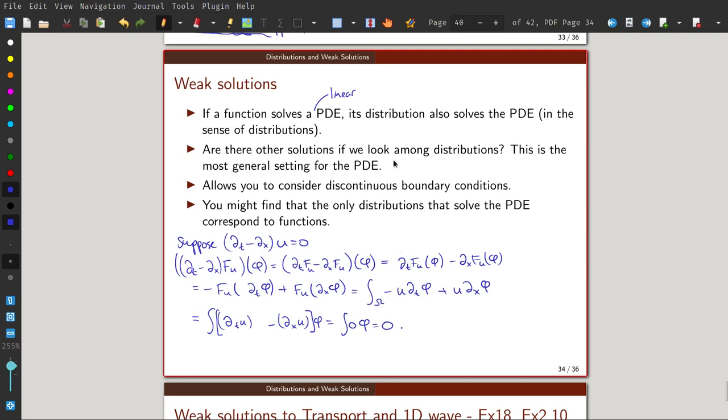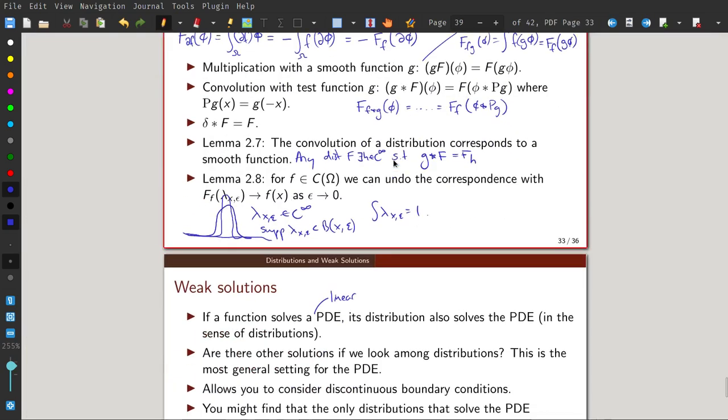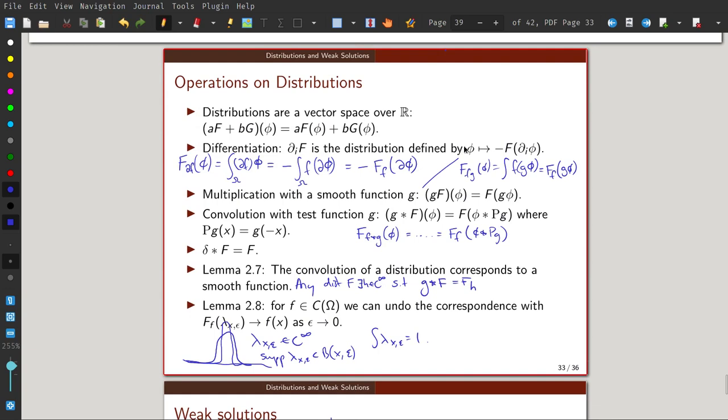And so in this sense, it's really nice to look for solutions among distributions because distributions have all the derivatives. If we look up at the definition here, we can see that we can put as many derivatives onto the test function as we want because test functions are, by assumption, smooth functions. They have all the derivatives.